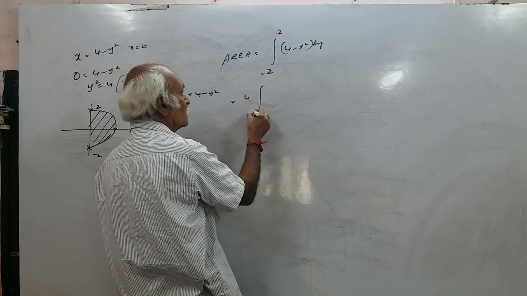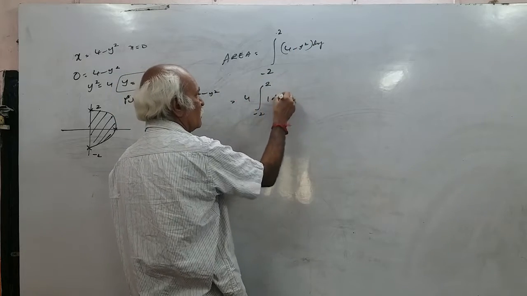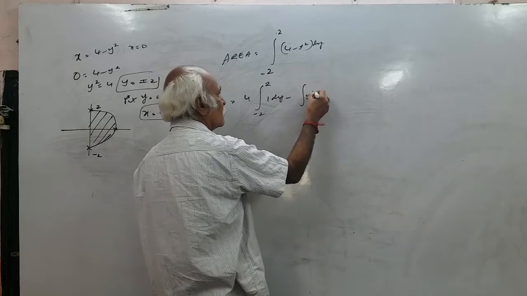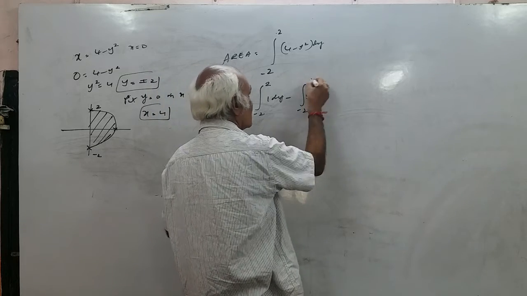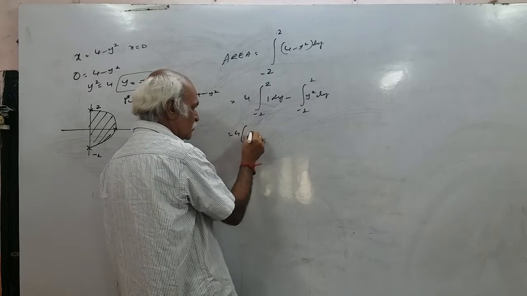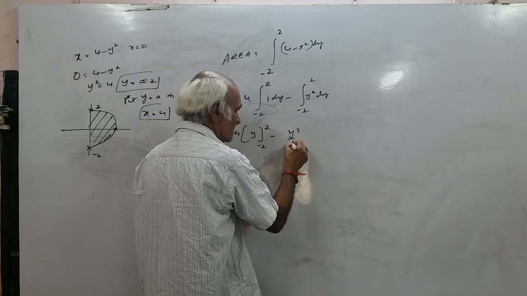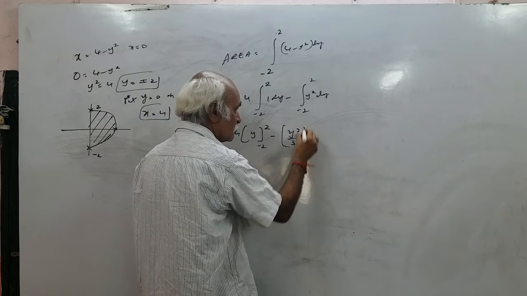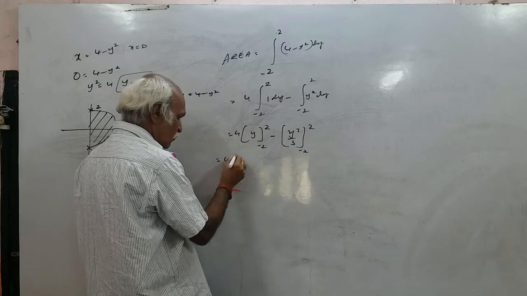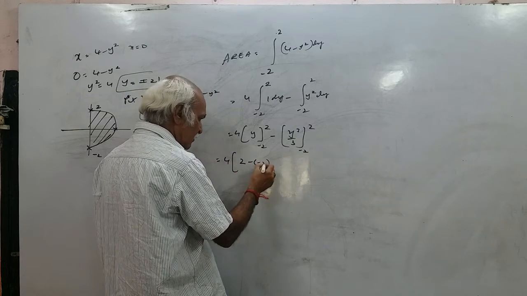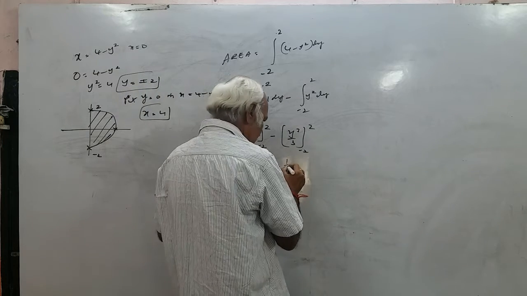So 4 into 1 dy minus y cube by 3. So 4 into y, minus y cube by 3, limits minus 2 to 2. So 4 into 2 minus of minus 2, minus 1 by 3.